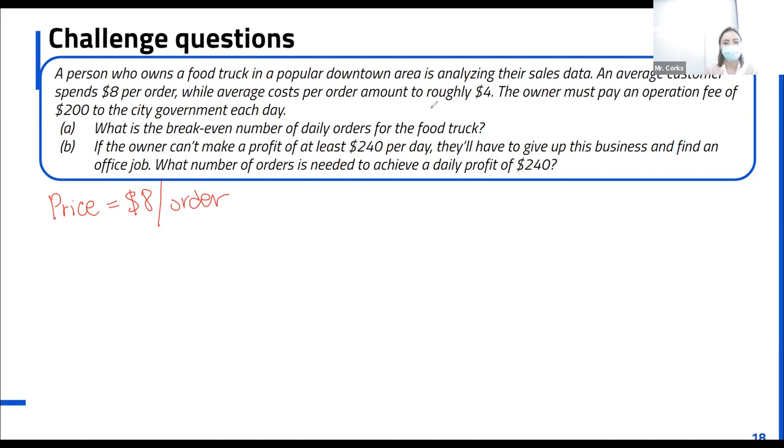Average cost per order amounts to roughly $4. Cost is something that the owner of this food truck pays to produce one order, like the amount of meat, for example, he uses, or the amount of electricity that is consumed while he grills something. So for him, cost per order is $4.